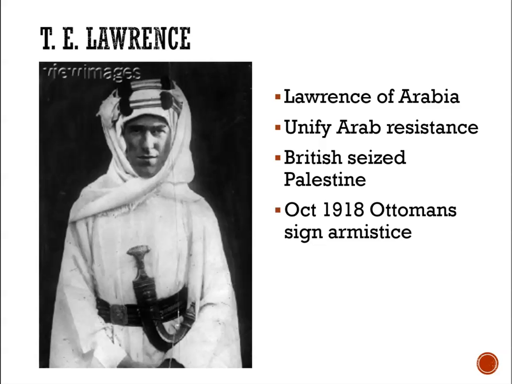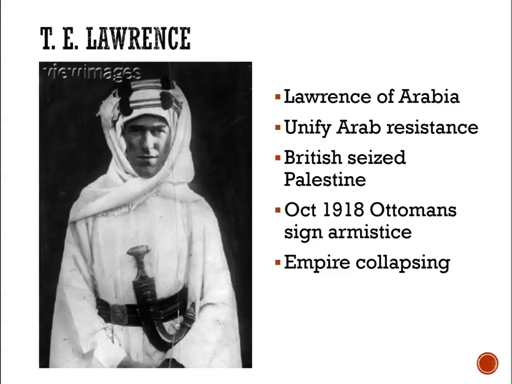And of course, Lawrence and the coalition of the Arab forces move northward from the desert in Jordan and come up into Syria, up to Damascus and so forth, and are the first to arrive in Damascus.